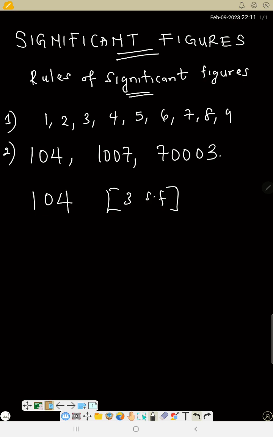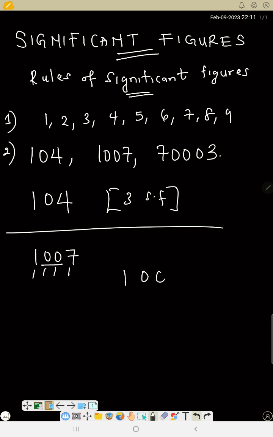Now see the second one again. We have 1007. How many significant figures is this? This is 4 significant figures, that is 1, 2, 3, 4, because the zeros are between numbers. If it is 1000, if no number closes it like this, then the zeros are not significant.